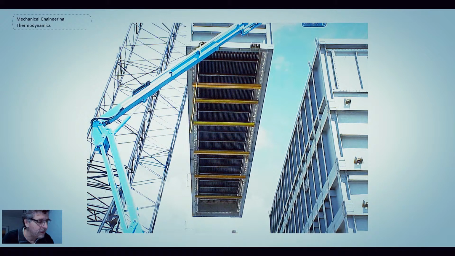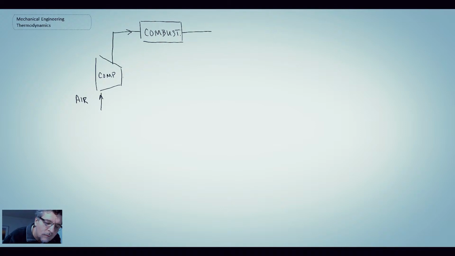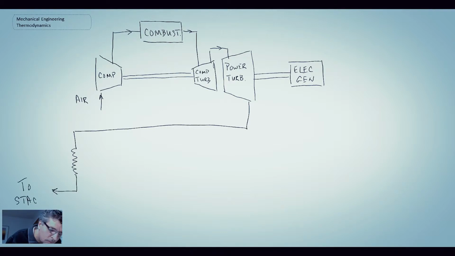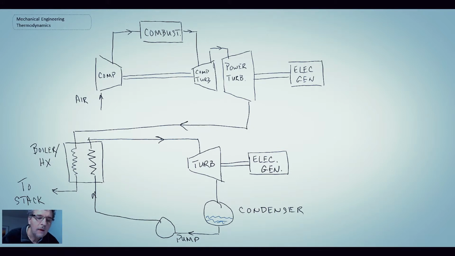So what we're going to do now, we'll take a look at what this process may look like in terms of a schematic, and it's going to be kind of a tall one, so I'll try to start right at the top of the page. So there we can see a schematic of what this combined cycle looks like.